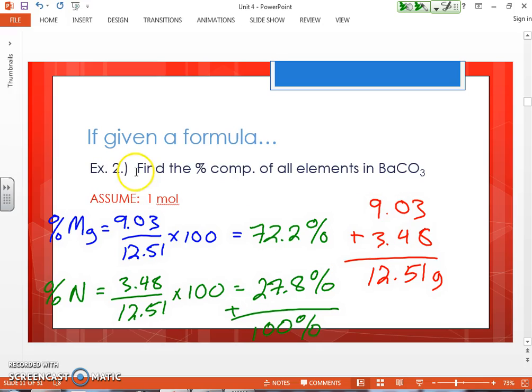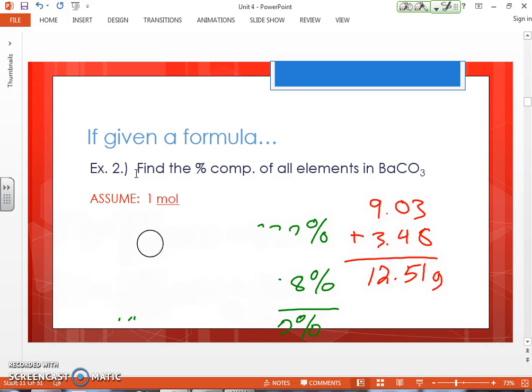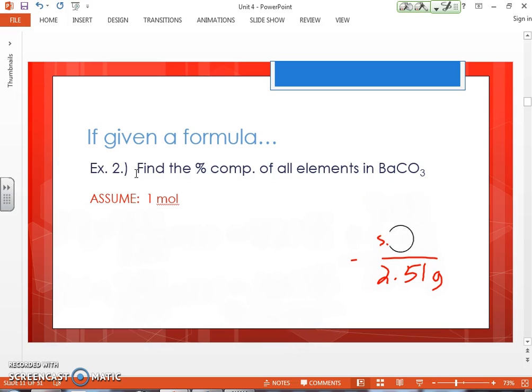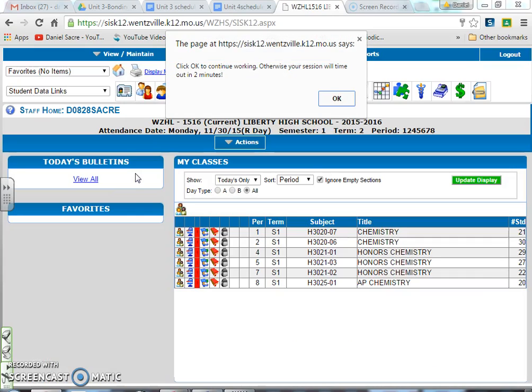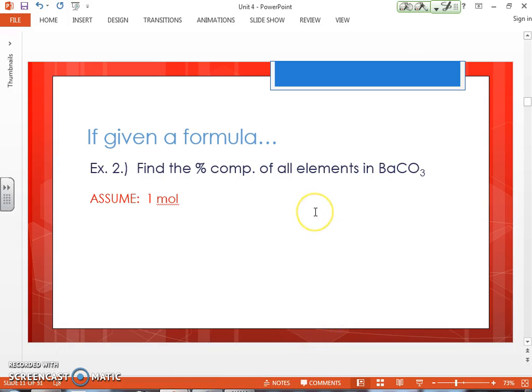The next question then, if you are given a formula, the first thing you need to do is assume you have 1 mole of the stuff, because if I assume 1 mole, I know how much this weighs, so I know the mass of one compound, and I just have to calculate its molar mass.